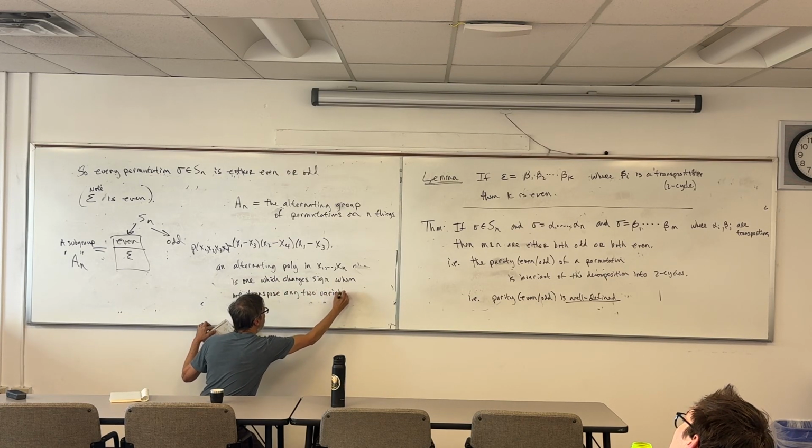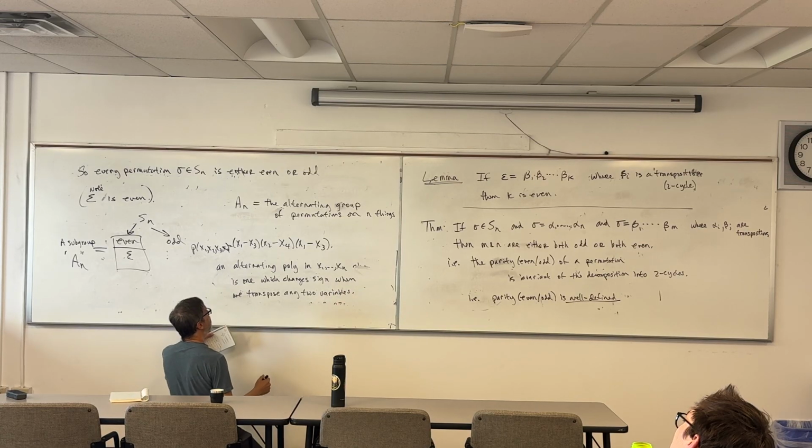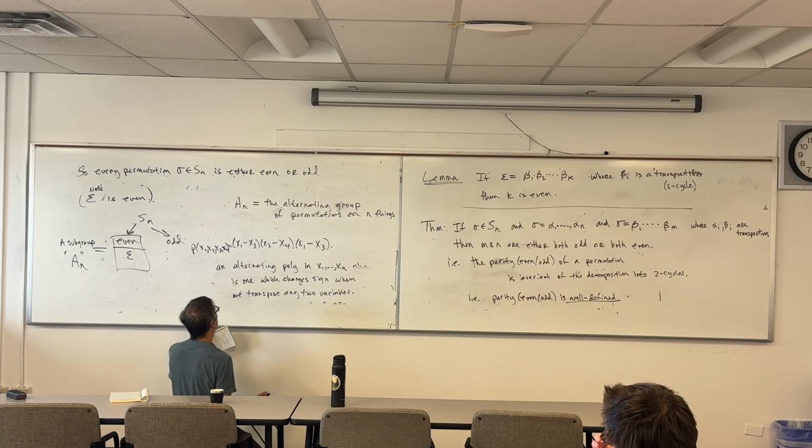And what do we use to write an alternating polynomial? Like, what is it notated by?